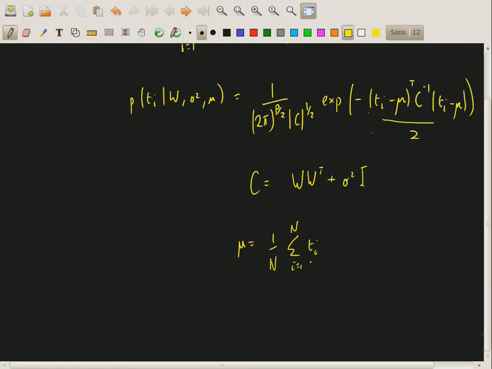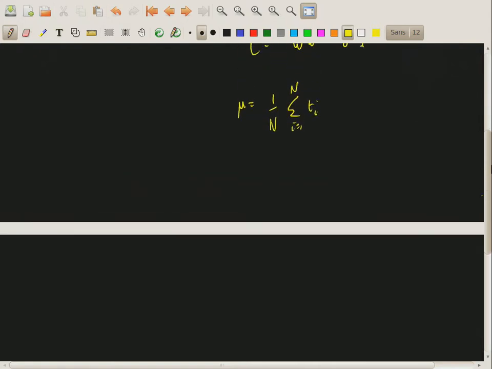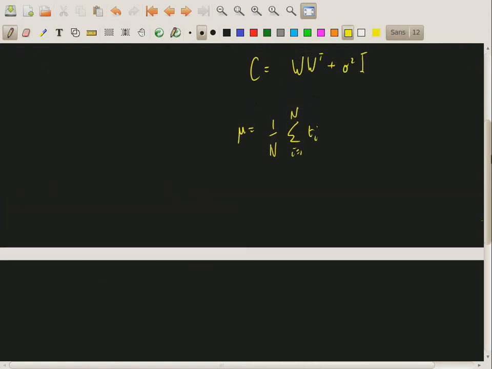Now, the maximum likelihood solution for W is slightly different. So remember we've been talking in the past about Gaussian distributions which are correlated. The way I introduced that was by saying, if you've got a Gaussian over two variables, perhaps weight and height, if they're independent, the Gaussian is what we call axis aligned.